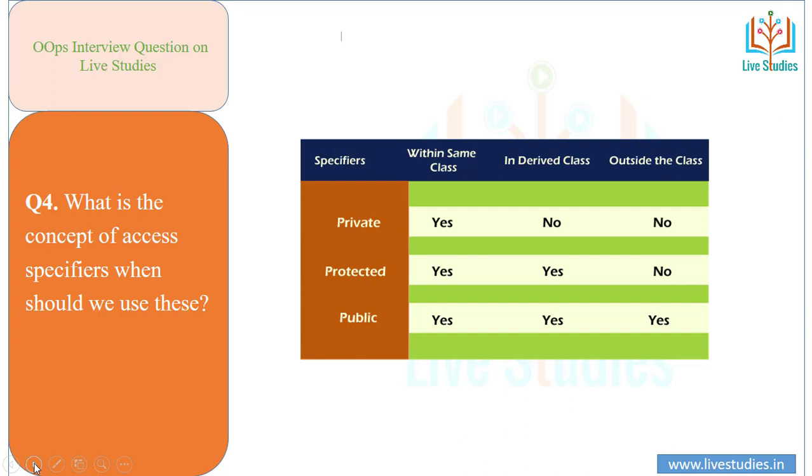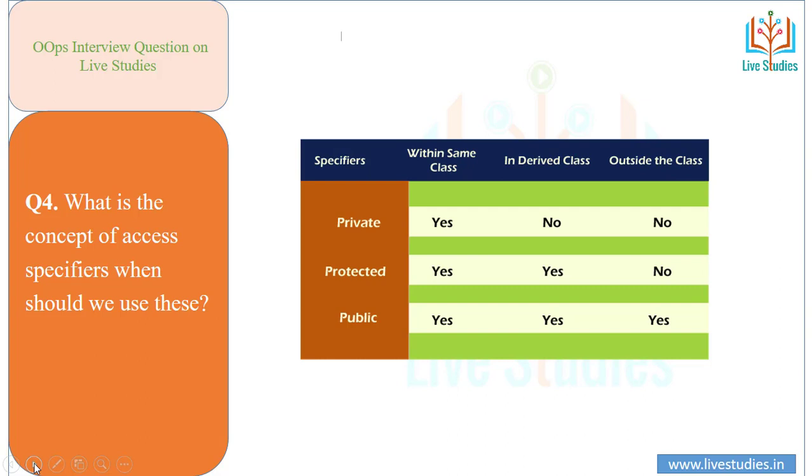Access specifiers play a vital role in achieving one of the major features of the OOPS concept, encapsulation, right? So basically, private is only accessible within a class.